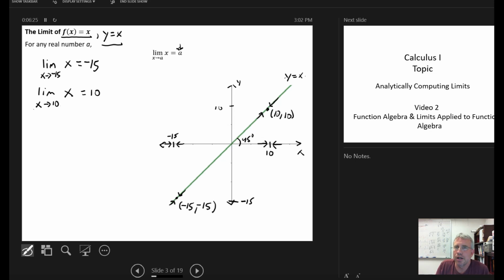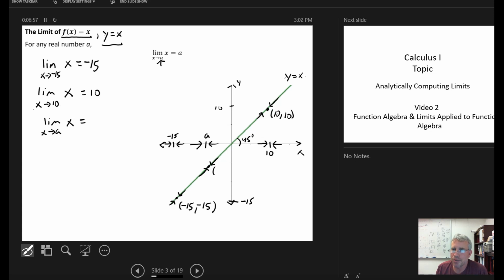And so to make it generic, you don't want to have to talk about specific numbers. So we just say, take the limit as x approaches any a for the function x. And what does that equal? Well, a can be any number on the x-axis. And as we approach a from the left-hand side, we'll be moving up the graph towards some ordered pair. And as we approach a on the x-axis from the right-hand side, we'll be moving down the graph towards a specific ordered pair.